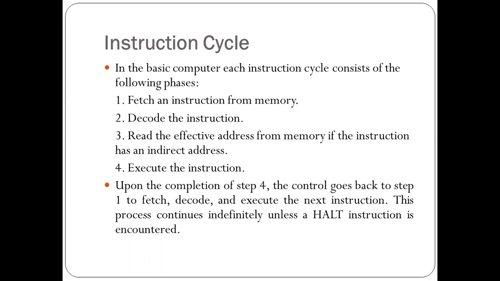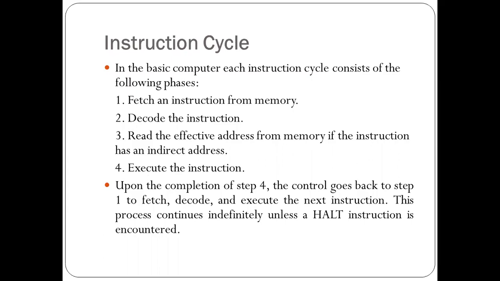This cycle of operations, step 1, step 2, step 3, step 4, is repeated continuously, so we call it the instruction cycle, meant for execution of an instruction. The instruction cycle includes several stages called fetch, decode, memory read, and execute.